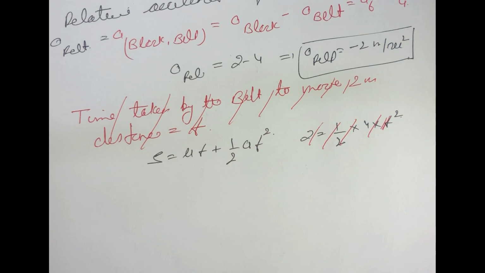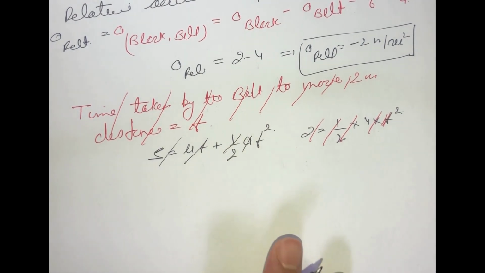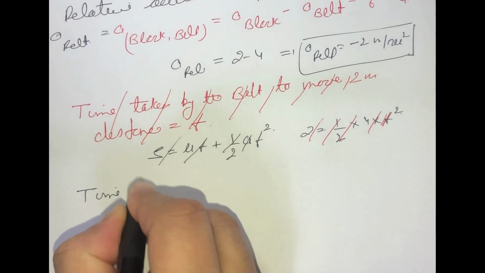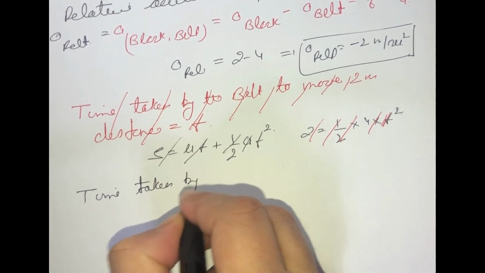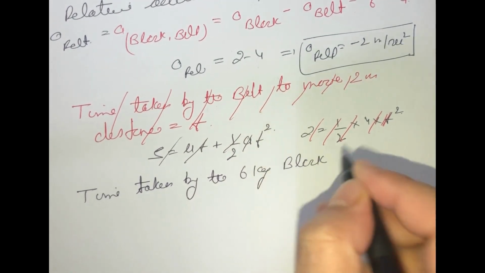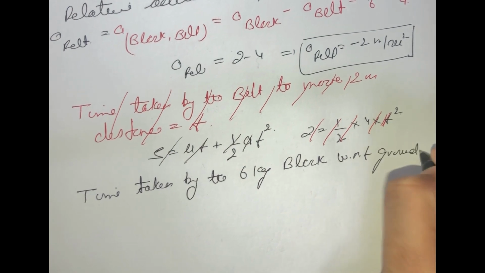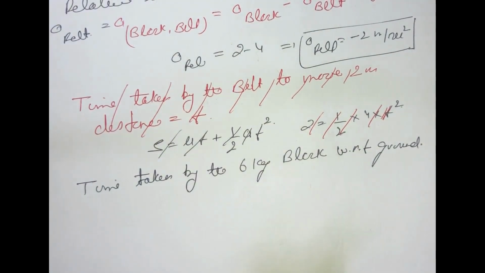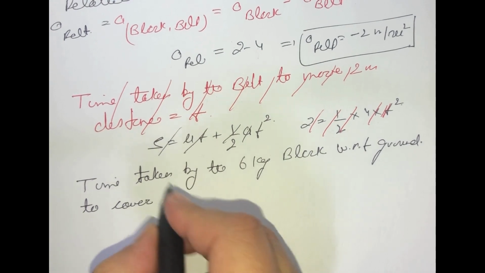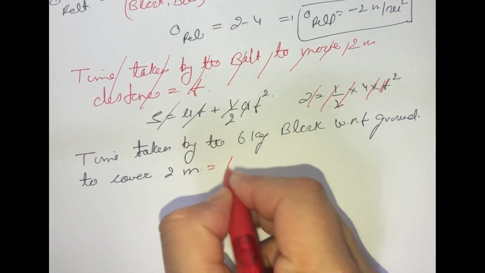Let me rephrase this again. We can say that the time taken by the 6 kg block with respect to ground to cover 2 meters, let that be given as t.